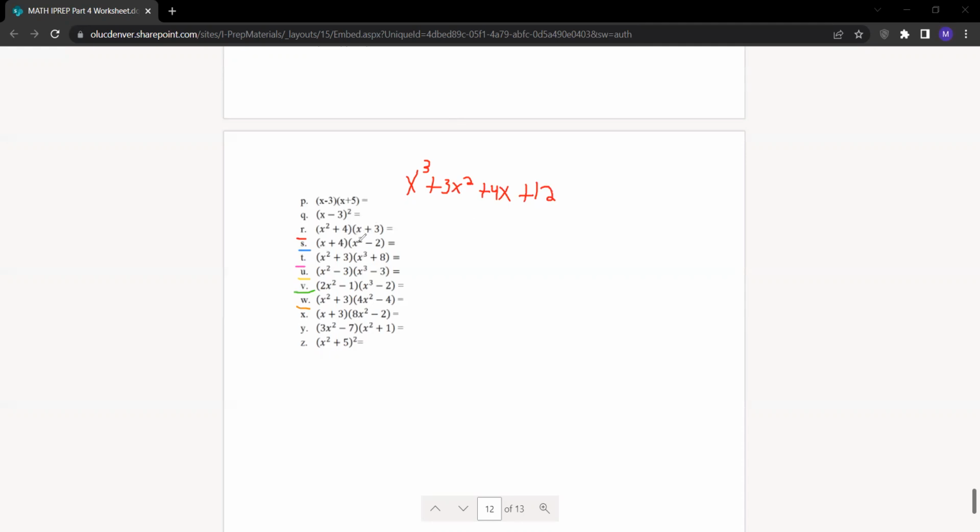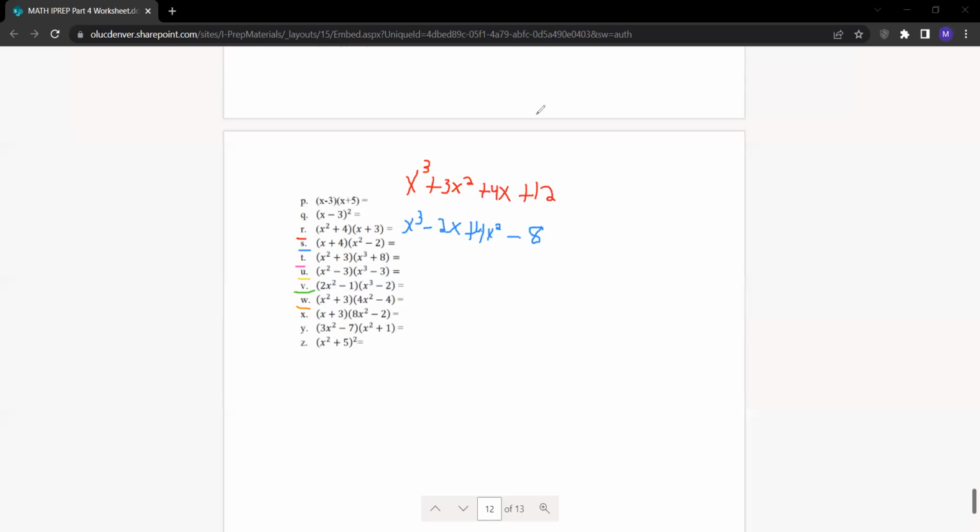We have x plus 4 times x squared minus 2. So first, we have x times x squared. So it'll give us our x cubed. And then we have outside x times negative 2, so minus 2x. Inside, 4x squared. And last, 4 times negative 2, minus 8.